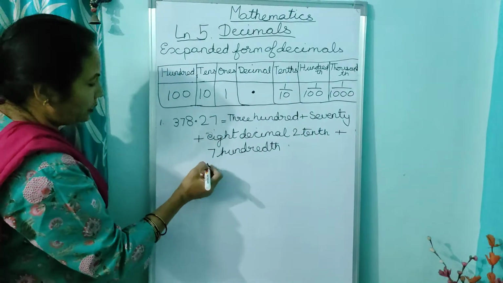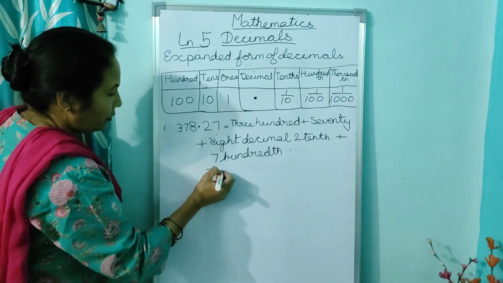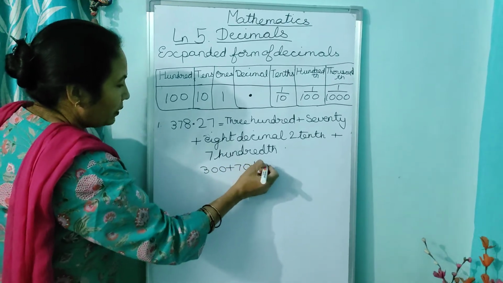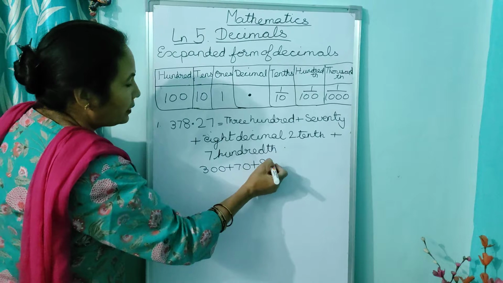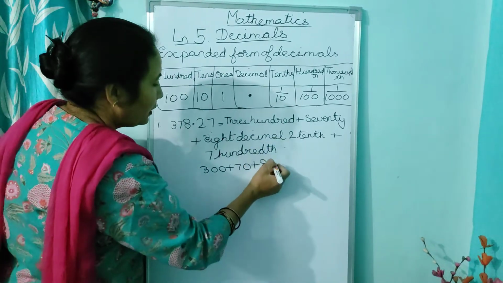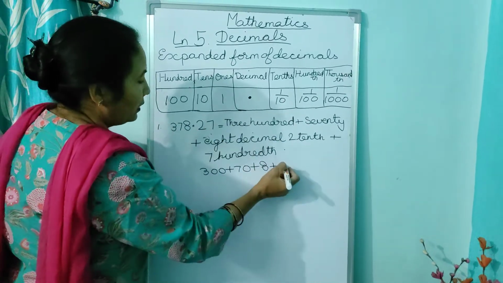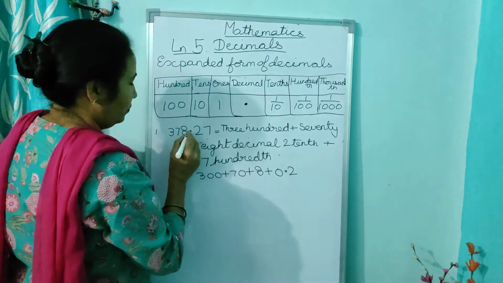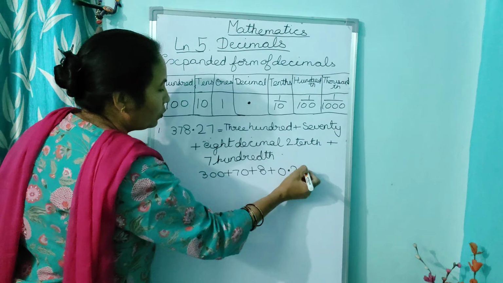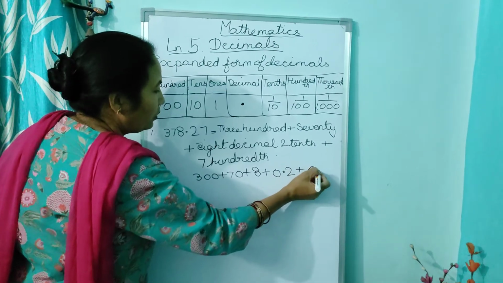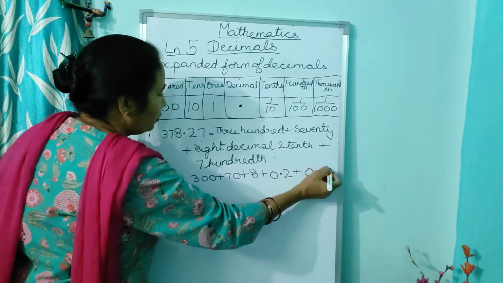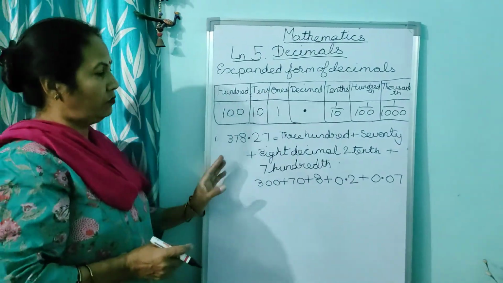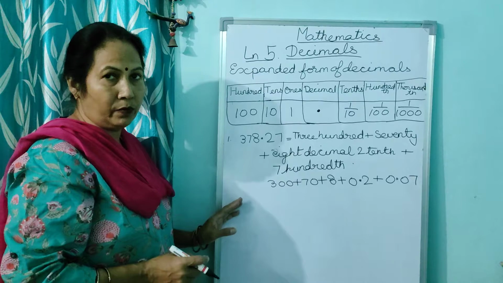The other way is 300 plus 70 plus 8 and then plus 0.2 plus 0.07. These are the two ways, children, in which you can write the expanded form.